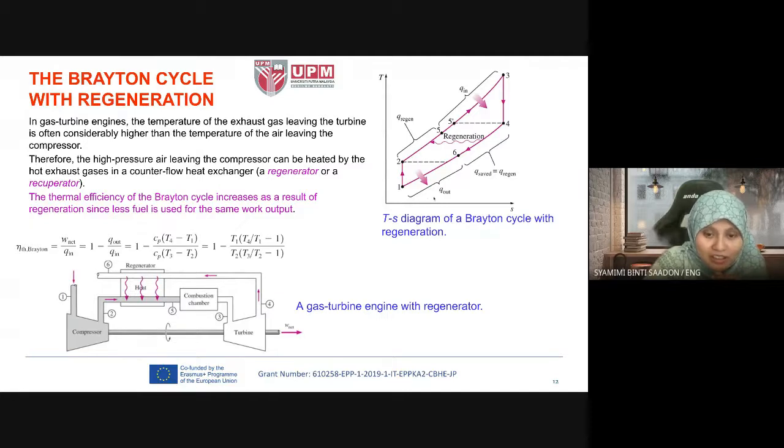Gas turbine. So that is how it can be done by using a regenerator. Of course, there are pros and cons. The pro is that we can optimize the thermal efficiency. The negative part, the con, is that we need to apply another heat exchanger, so it will add more cost.